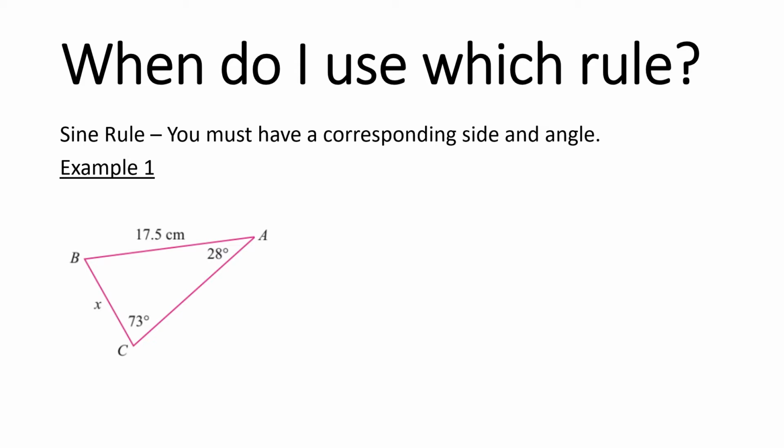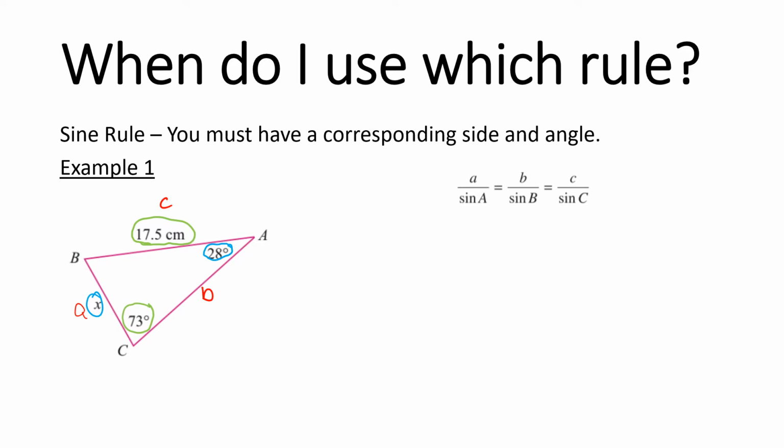In this example, I have this angle here, which corresponds to this side here, because side C would be across from angle C, side B would be across from angle B, and side A would be across from angle A. I have these two corresponding side and angle, and I also have this one and this one corresponding. So that tells me that I'm using the sine rule.